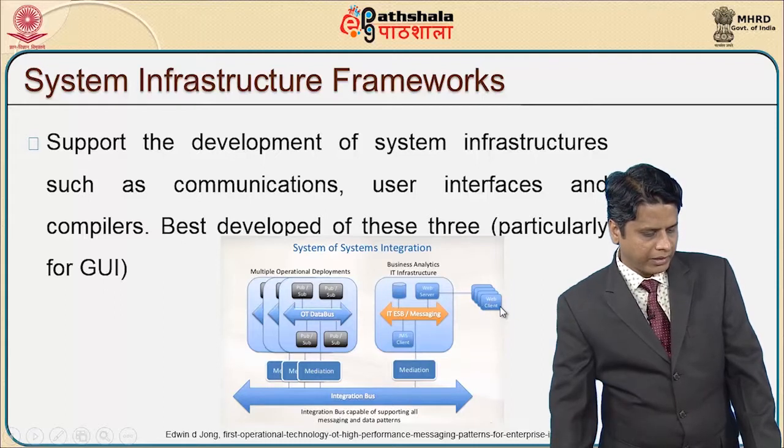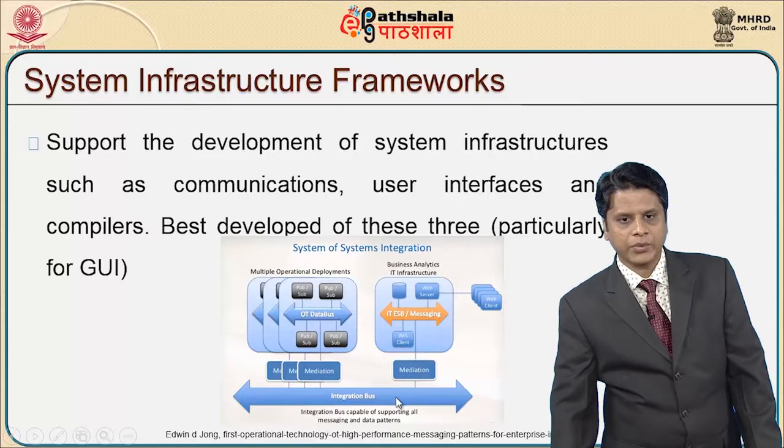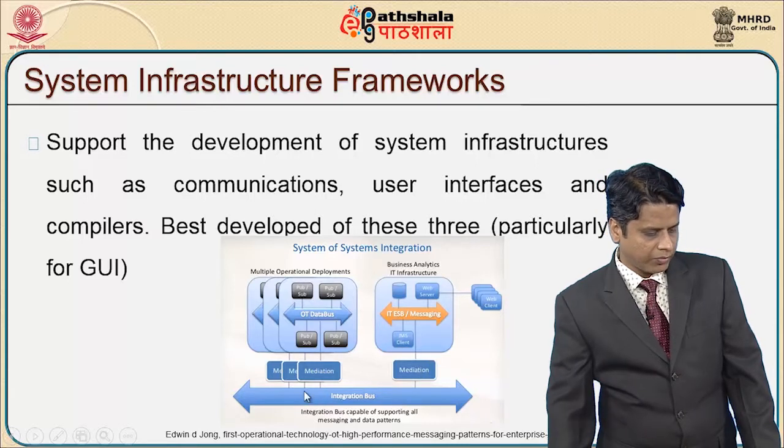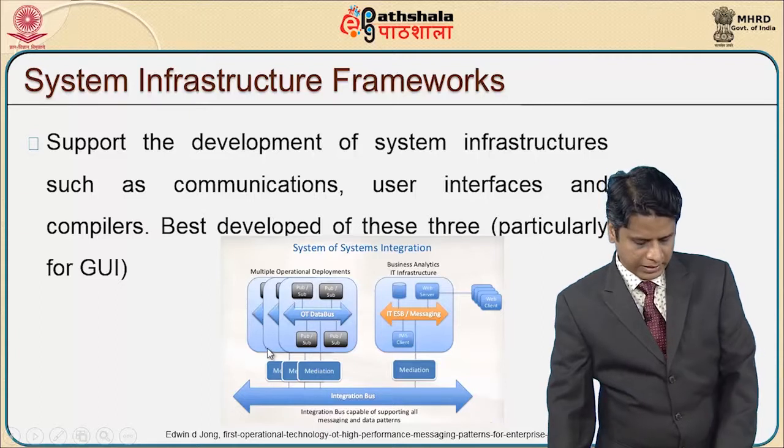And any web client can connect to the web server. Further, they can get access to the JMS client, and through the mediation they can connect with the integration bus for various systems. It can be networked.